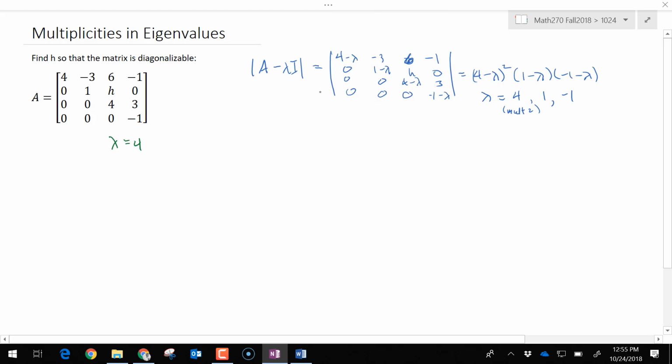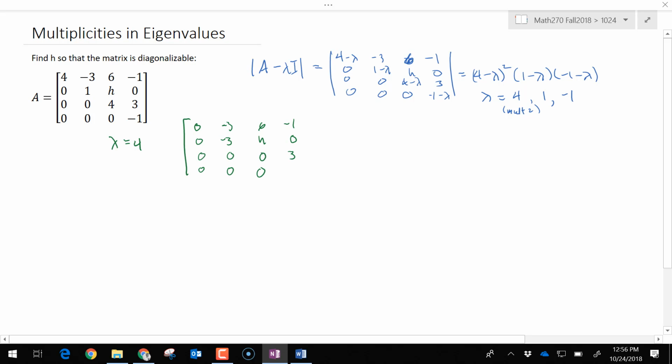When lambda is equal to 4, we want to find a basis for the null space of a new matrix, which is what you get when you put 4 in for lambda. 4 minus 4 is 0, negative 3, positive 6, negative 1, 0. 1 minus 4 is negative 3, h, 0, 0, 0. 4 minus 4 is 0 again, and 0, 0, 0.